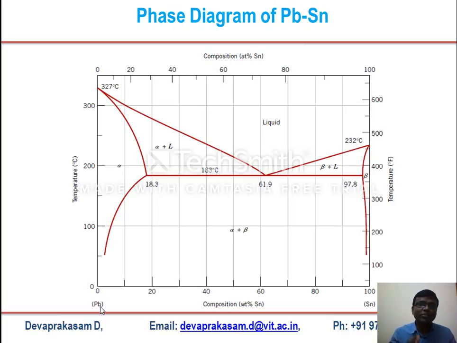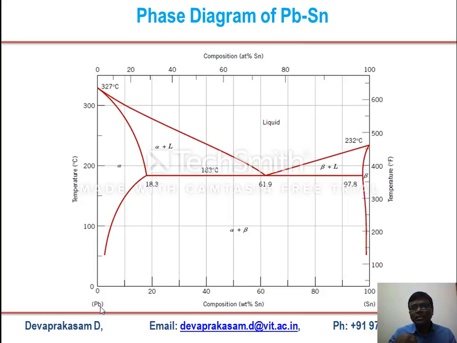If you look at the y-axis on the left side, it is in Celsius, and the melting point of lead is 327 Celsius. On the right hand side, the temperature is specified in Fahrenheit, and the melting point of tin is 232 Celsius.